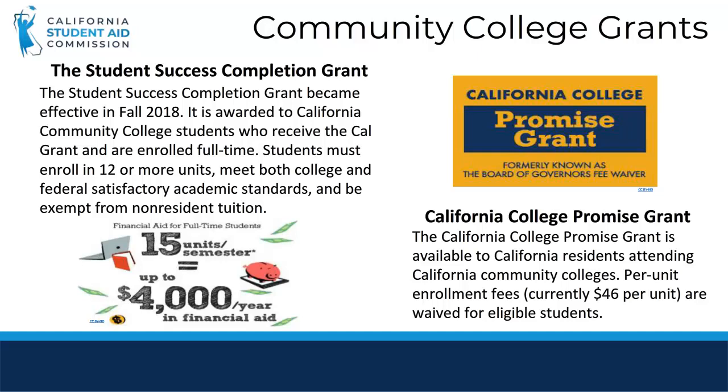The income standards are provided by the State Chancellor's Office. A CCPG-B may be awarded based upon the income and household size information provided on the FAFSA or DREAM Act application. The CCPG-C option is where a student must demonstrate at least $1,104 worth of financial need in order to qualify.